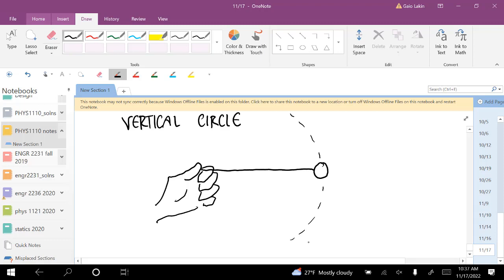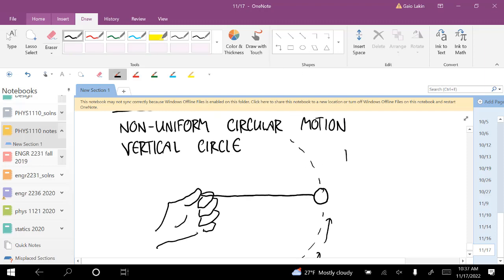Okay, and this thing swinging around this way. And let's say that the ball has a mass of 0.1 kilograms. And the string has a length of 0.2 meters.